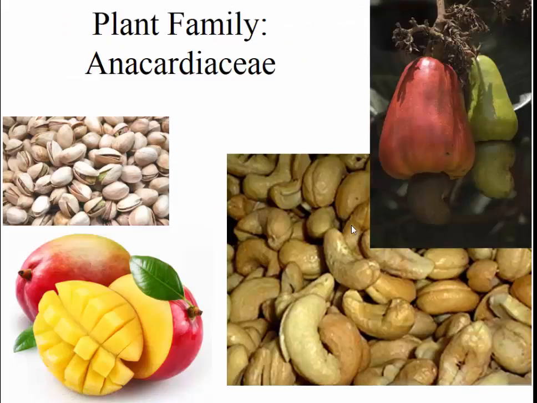The Anacardiaceae is a family that's mostly tropical, produces a variety of crops, including the important pistachio, mangoes, cashew, and then the receptacle. The cashew apple is a swollen receptacle on which the cashew nut is produced.